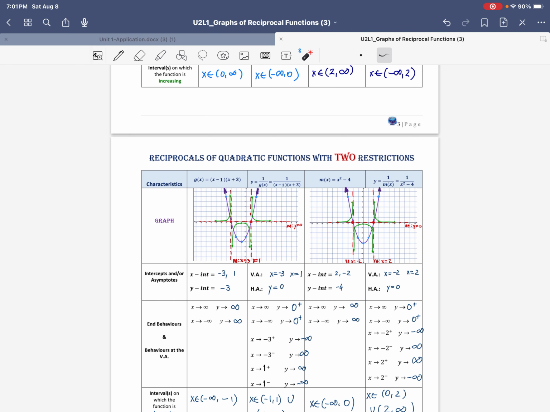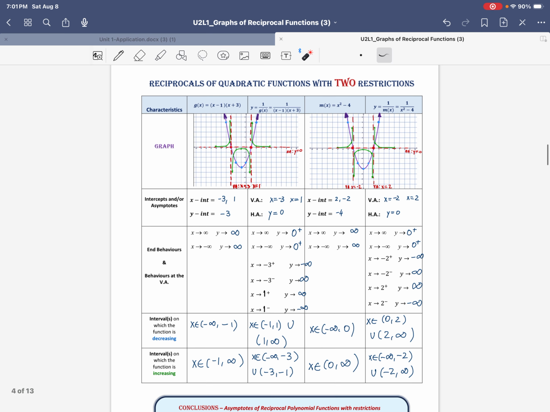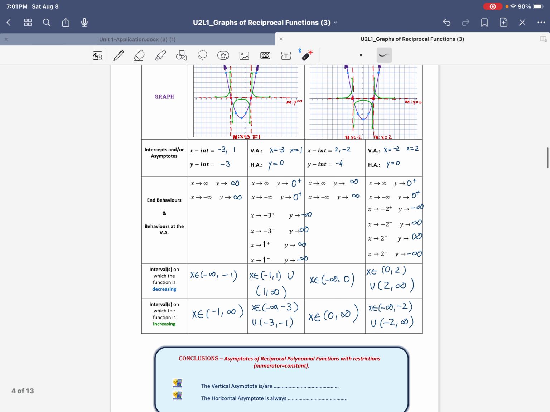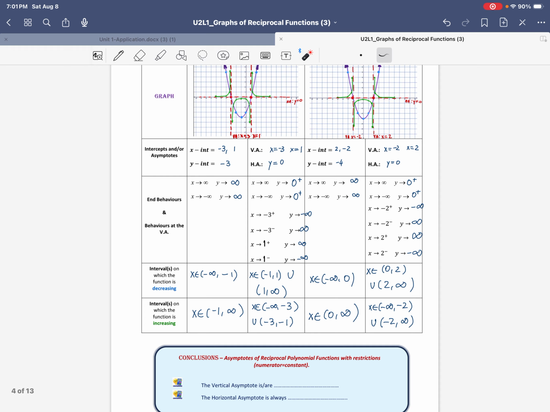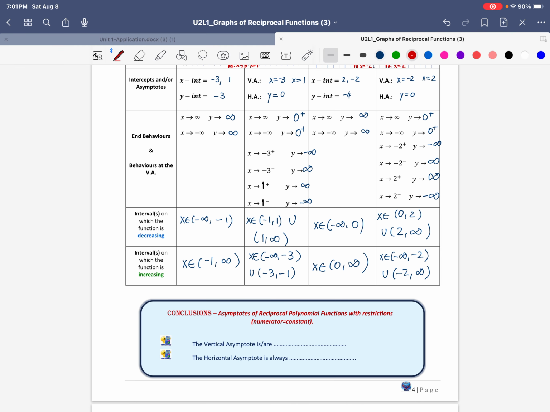So it's already posted. So please visit. It is very important to learn and understand how asymptotes are formed, because it makes the graphing of reciprocal functions and rational functions in general a lot easier, no matter what the degree is. The point is that in all cases that we have seen so far, the vertical asymptotes would be at x equals whatever the restricted values are.